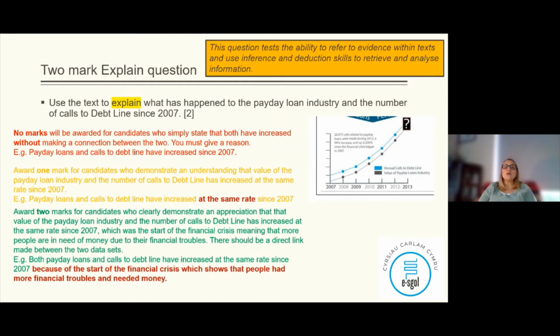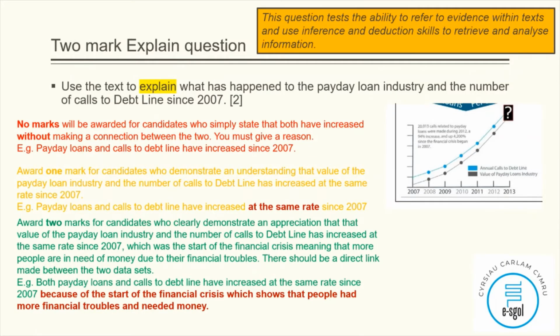So the example at the bottom: both payday loans and calls to debt line have increased at the same rate since 2007. That's exactly the same as the response before, but then we're putting our reason. Because of the start of the financial crisis, as we're told on the graph, since the financial crisis began in 2007, which shows that people had more financial troubles and needed money.